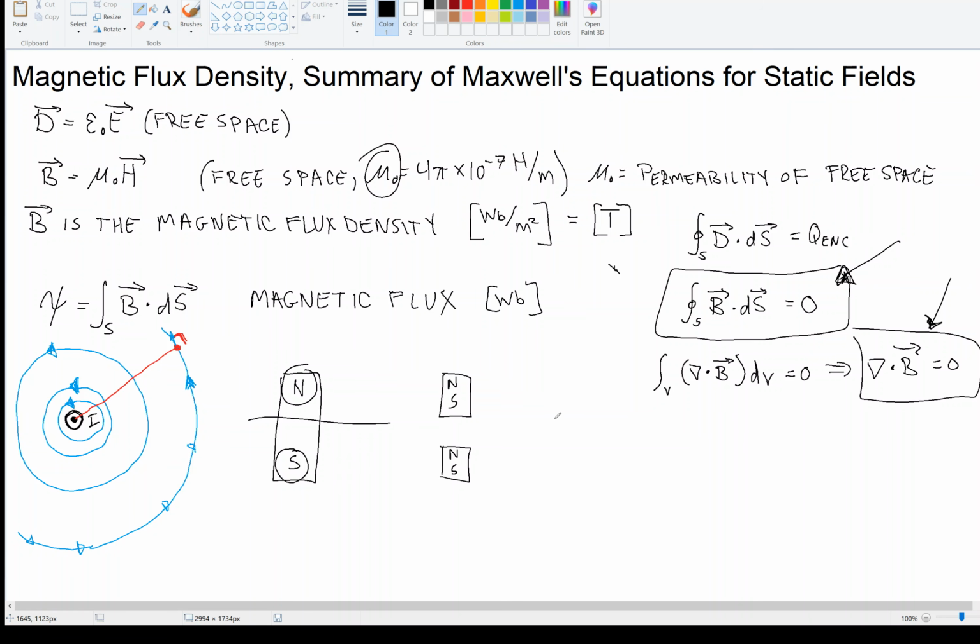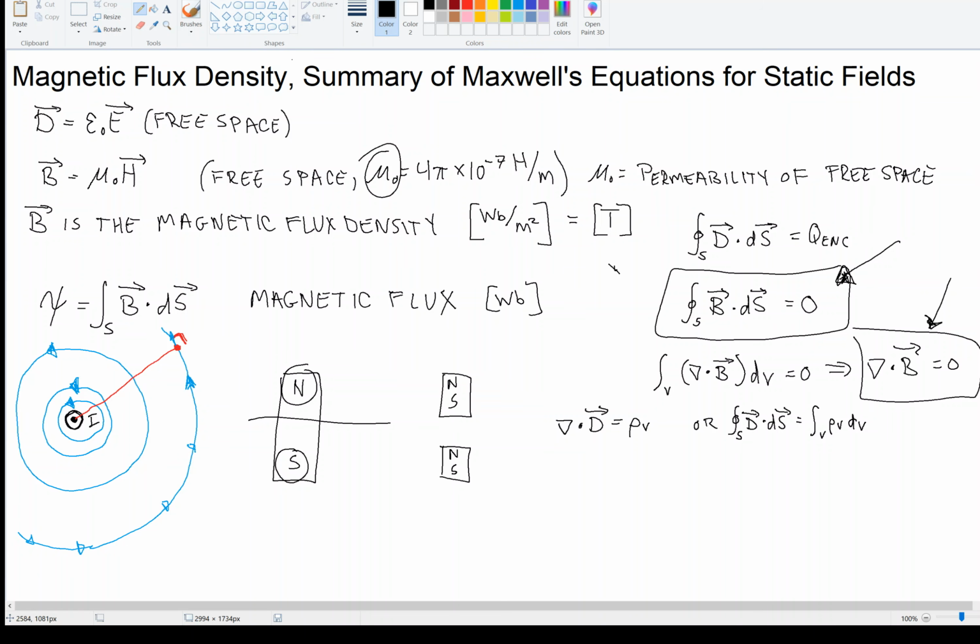So let's summarize Maxwell's equations for static fields. In the electric case, we had Gauss's law, which looked like this. So this was the point form, and then I just wrote it down up above, the integral form was equal to the charge enclosed, and we can actually write the charge enclosed as a volume integral over the volume charge density.